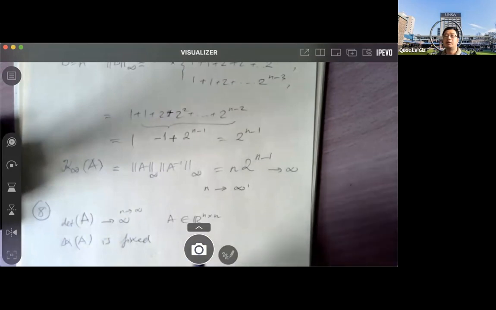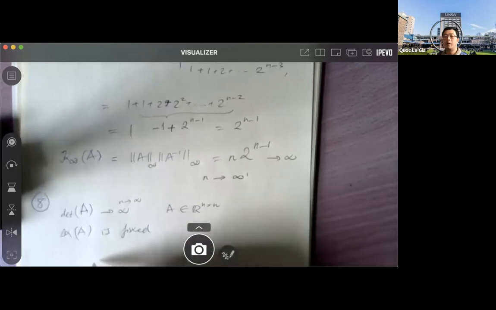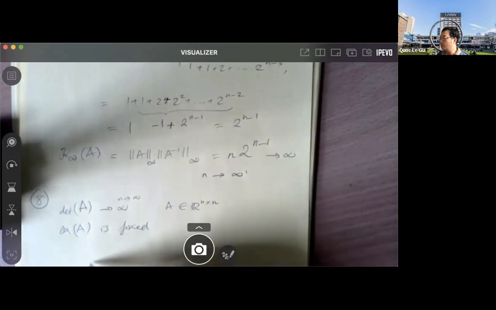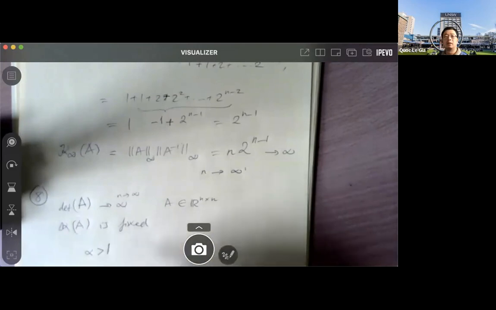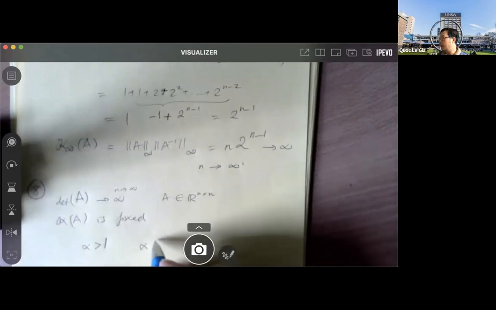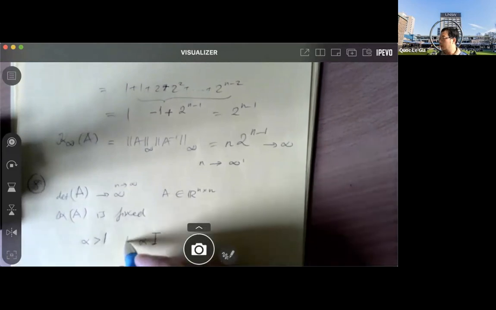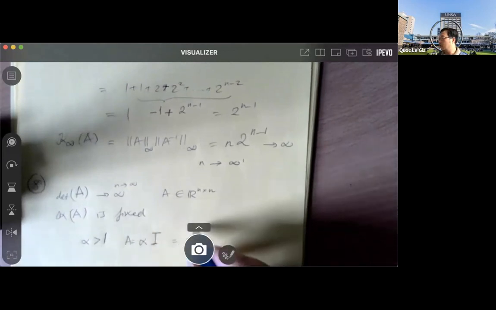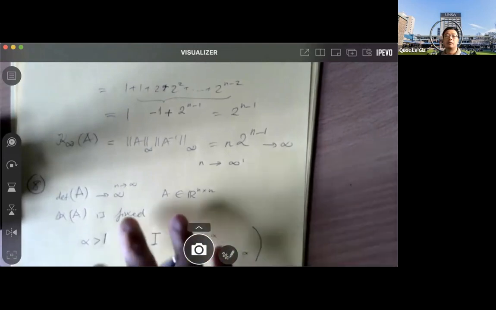Yeah, identity matrix. So if you take the identity matrix multiplied with some number, okay. Suppose you just take alpha bigger than 1, okay. Alpha times identity. So let this matrix look like this: alpha, alpha, alpha, right?